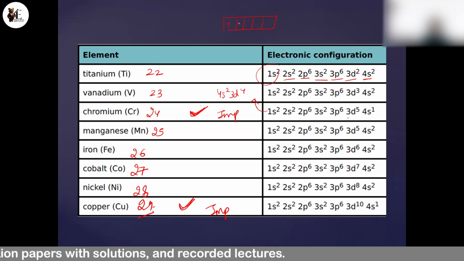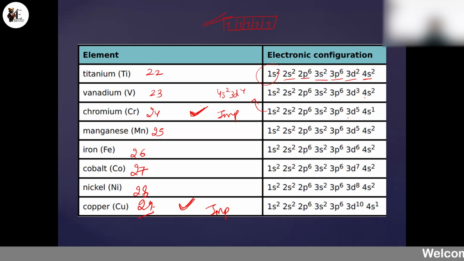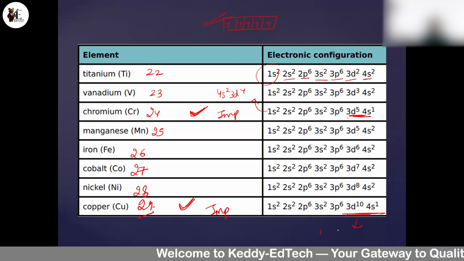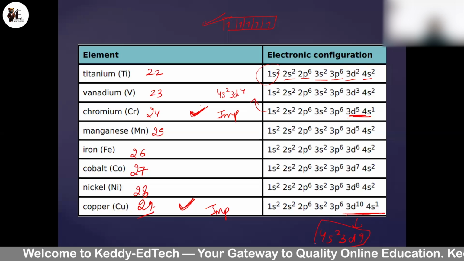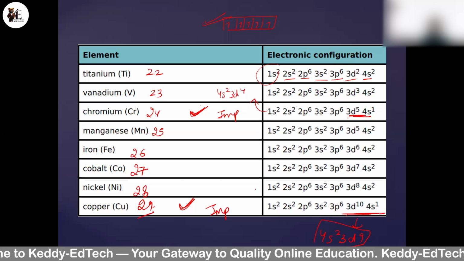Why? Because the d subshell has 5 orbitals, and you know that half filled and fully filled orbitals are stable. So due to the extra stability, it is 4s1 3d5. Similarly for copper, it is 4s1 3d10, instead of the general configuration 4s2 3d9, because half filled and fully filled orbitals are extra stable. Clear?